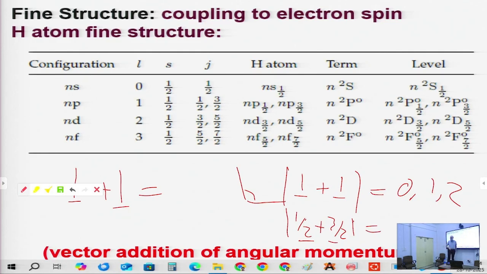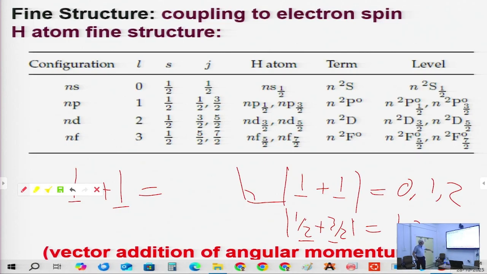So what would I get if I add those two together? What's the smallest value? The smallest value is 1 minus the other, so it's 1. So you get 1 and 2.